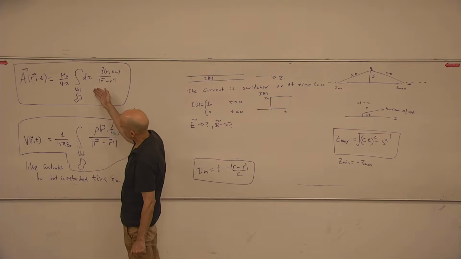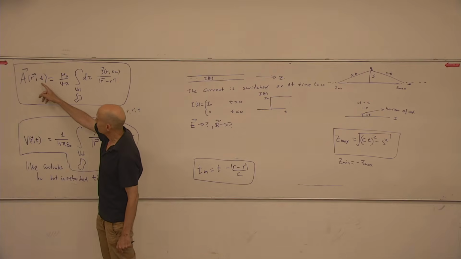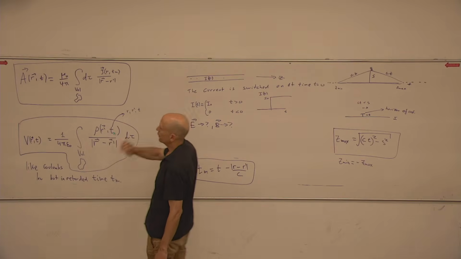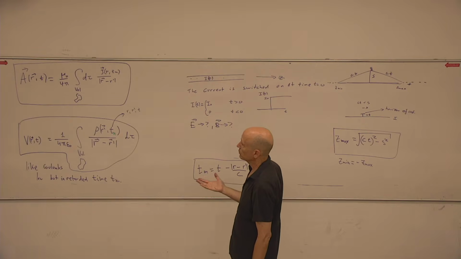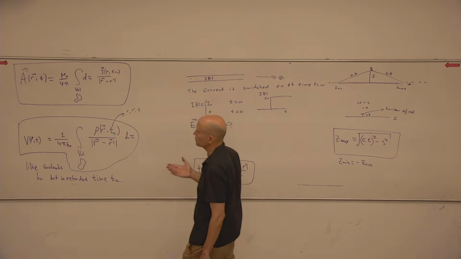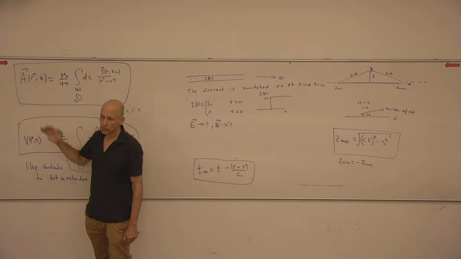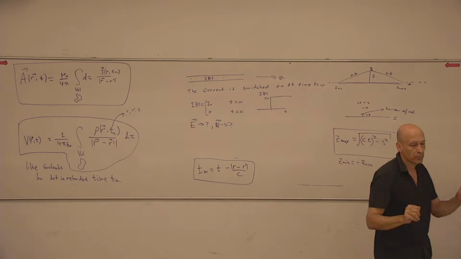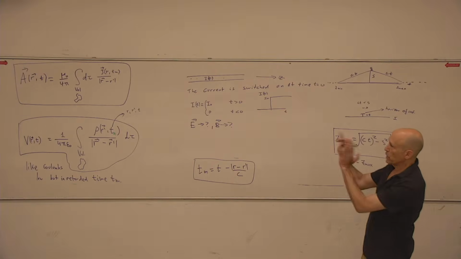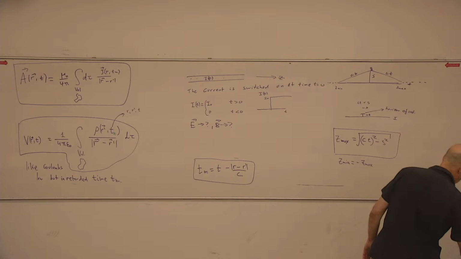A, because it depends on time t, will give you some electric field, and as usual, it will also give you a magnetic field. So it will give you both. In this particular cooked-up pedagogical example, we just need to calculate A, which is a good thing.